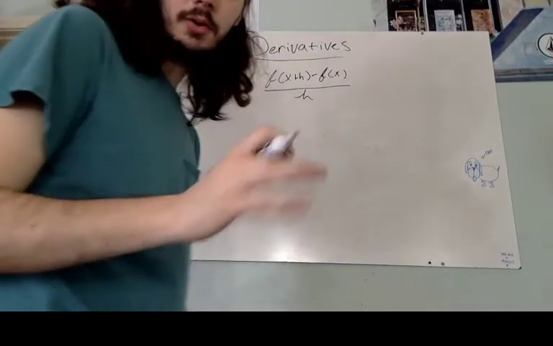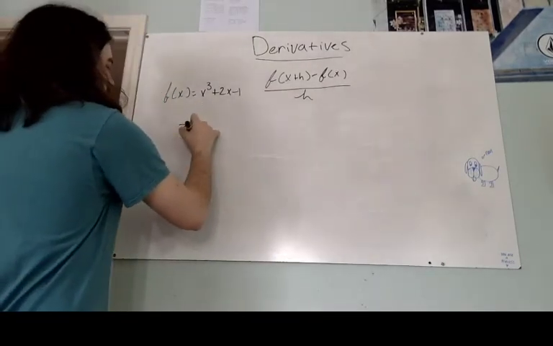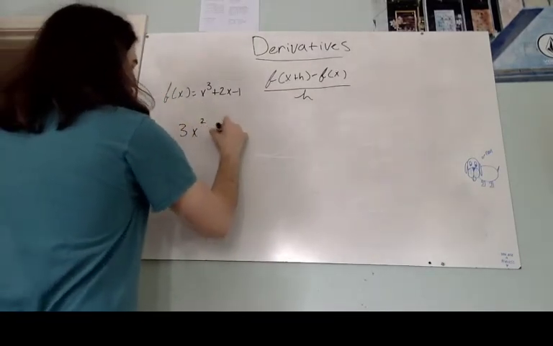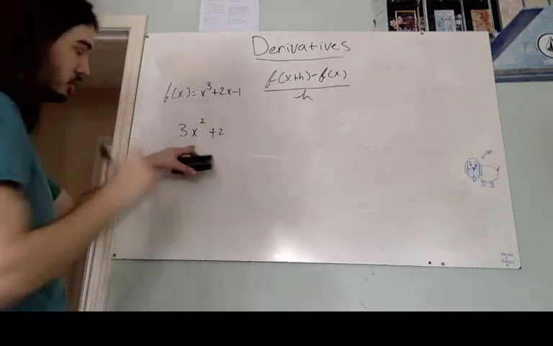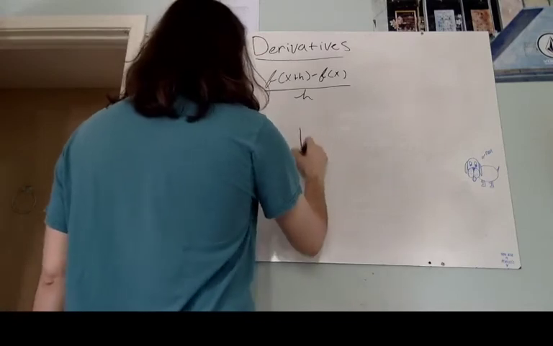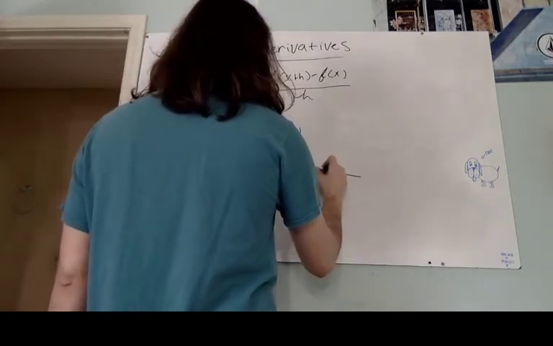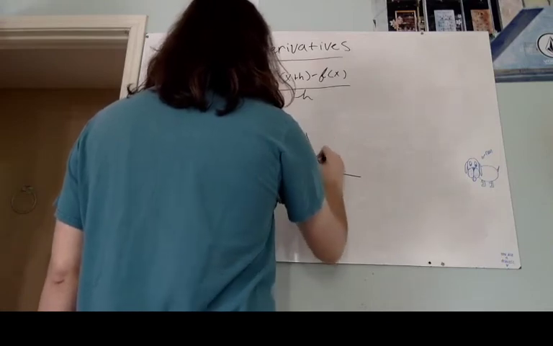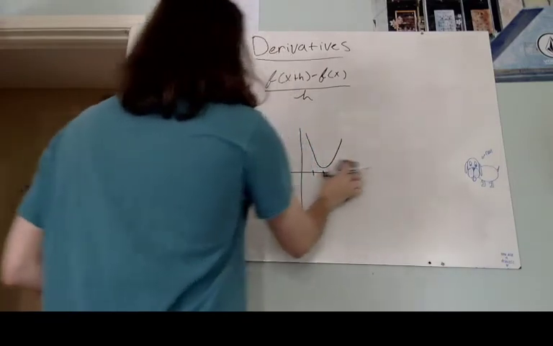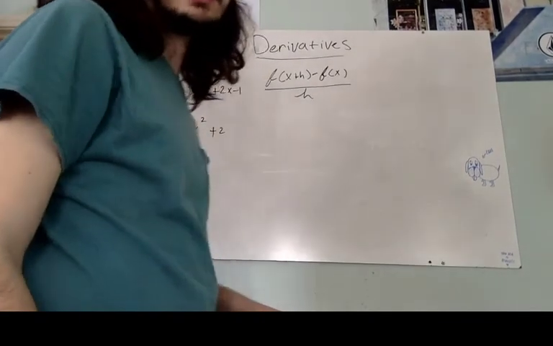I'm going to save you the gory details, and tell you that it's going to be plus 2. That's going to be our derivative. So I can draw that as a graph. Well, let me do this actually. I don't want to draw the derivative. I want to draw the original function.